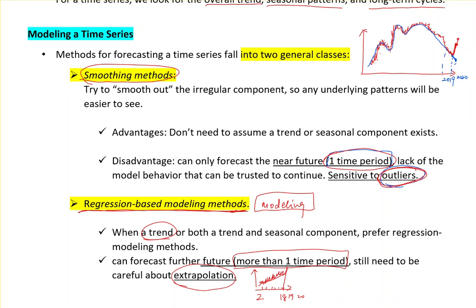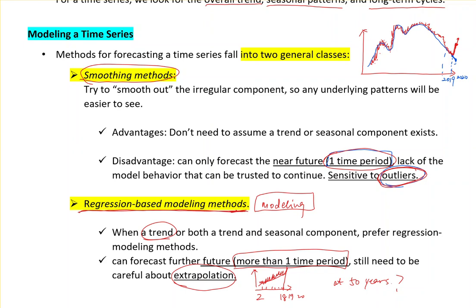But can you make a forecast about his height at 50 years old? No, still no. So it still has the extrapolation problem. You can only make a forecast a little bit longer than the smoothing method.